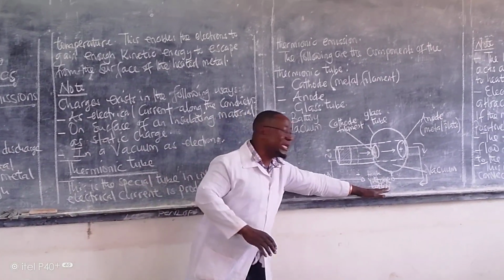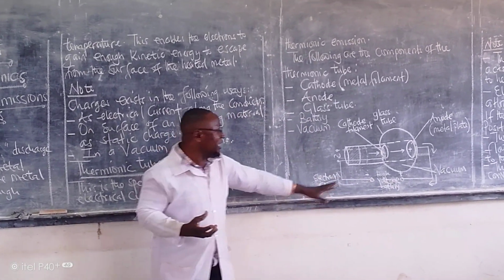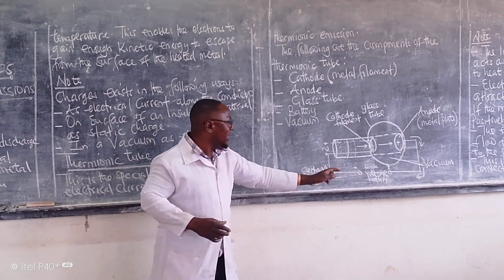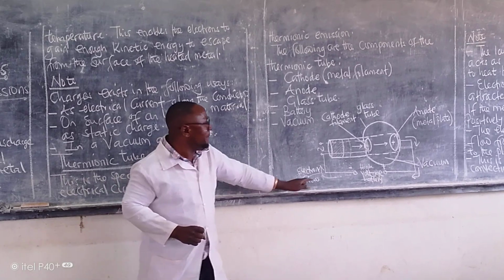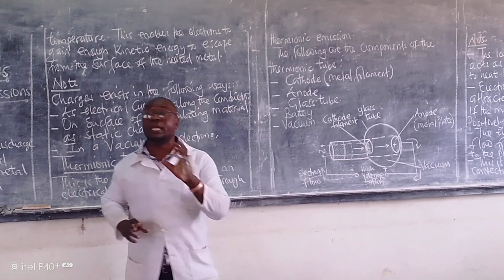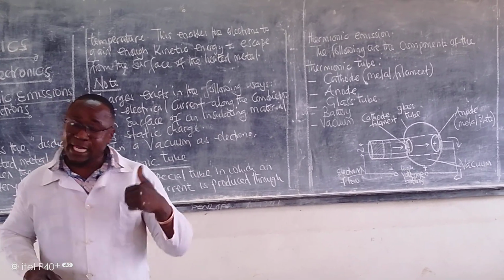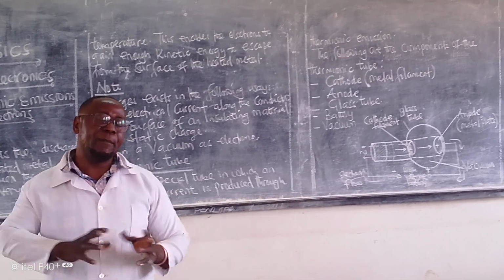So as the battery provides the voltage, this voltage keeps on rising and releasing the electrons. These electrons are going to be released. Why? Because the filament is going to be heated to red hot. And once it is heated to high temperature, electrons will be produced and will escape the metal surface.